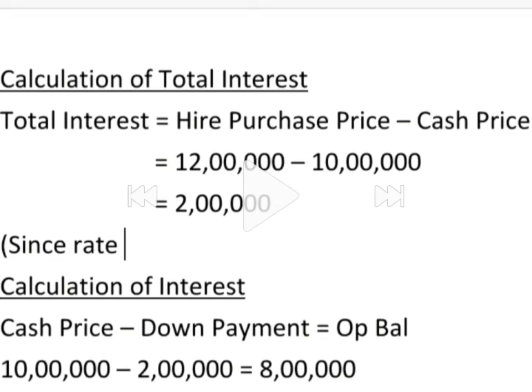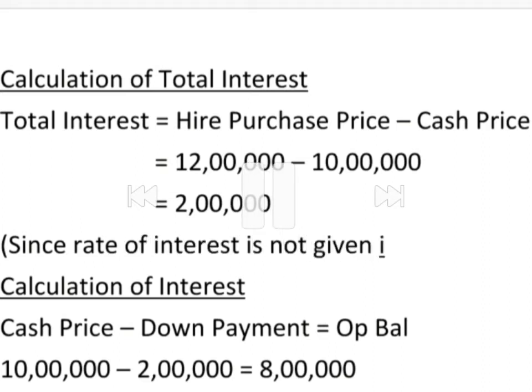So the installment paid in the first year includes maximum interest. However, the interest slowly diminishes year after year as we pay installments, and therefore in the last year interest will be the least and payment of principal will be more. So therefore this ratio is followed, 4:3:2:1, for allocation of interest.